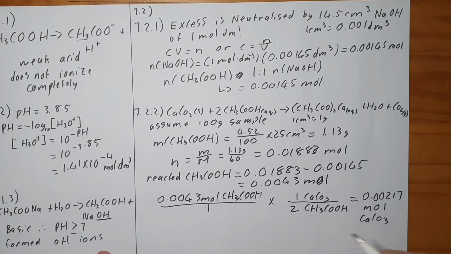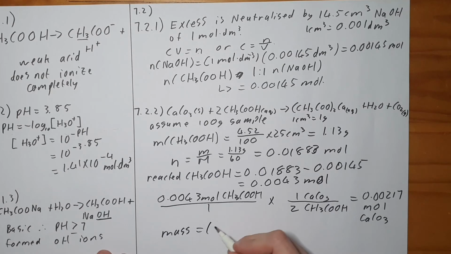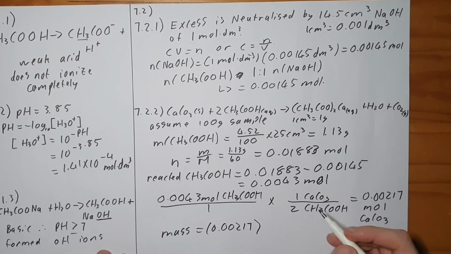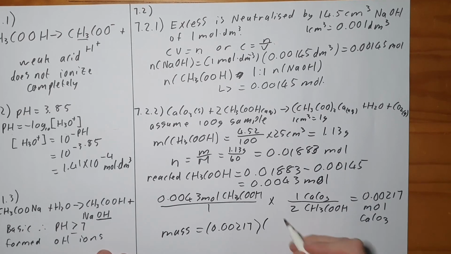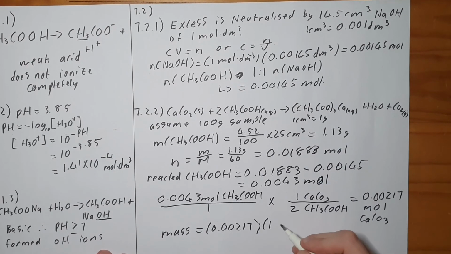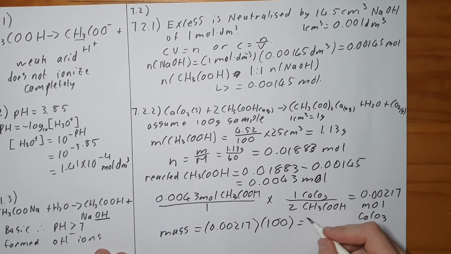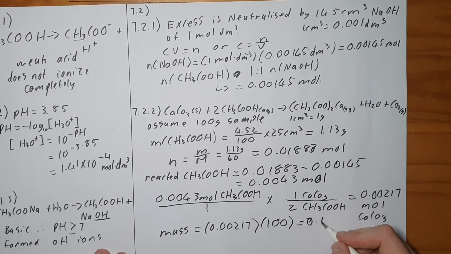Now that we have the moles of CaCO3, we can then calculate the mass. Look at your periodic table again. So we'll then have 0.00217 multiplied by the molar mass, which is 100, and that's going to give you 0.217 grams.